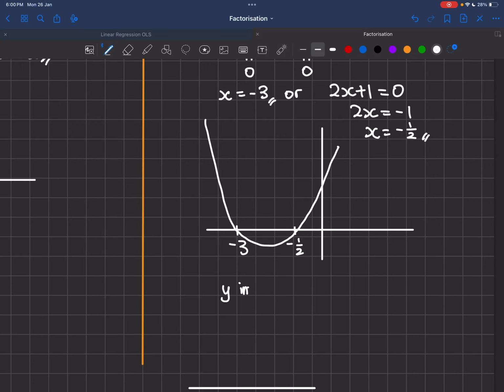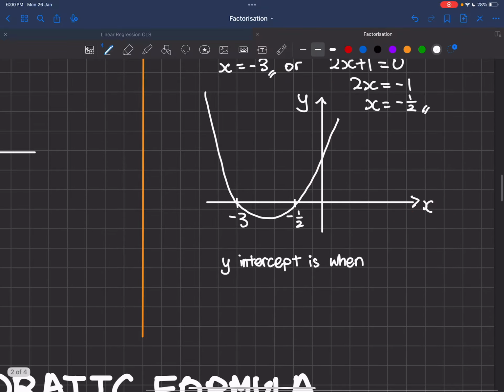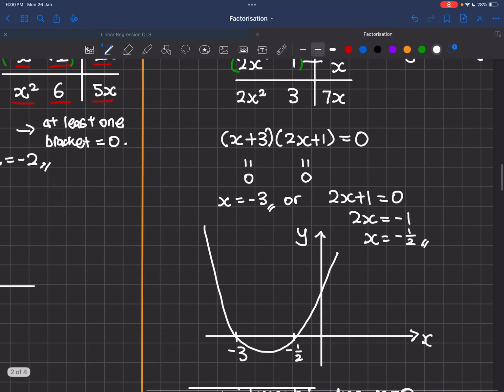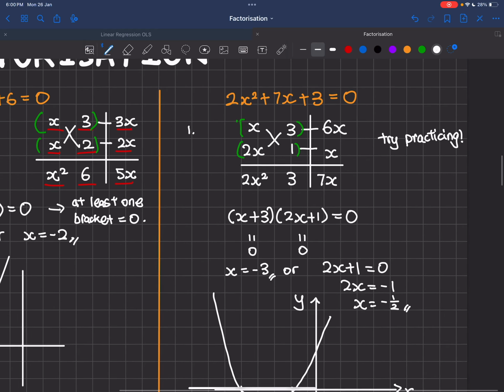The y-intercept is when, let's look here. On the y-intercept, what's common with all the y values? X is 0, right? So y-intercept is when x equals 0. Let's sub x equals 0 into this to find the y value.